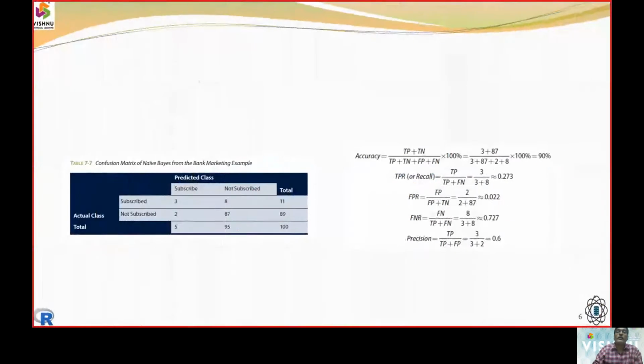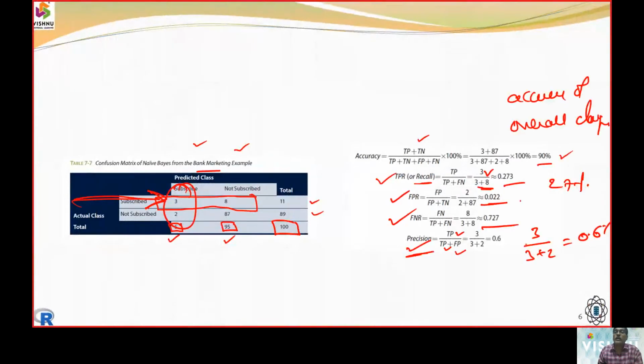So let us see the truth value. With 27%, the probability prediction was that he will subscribe.